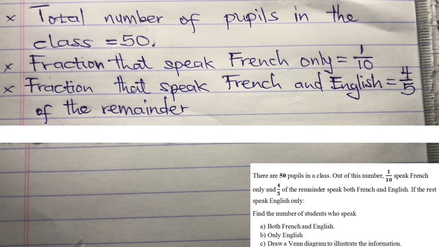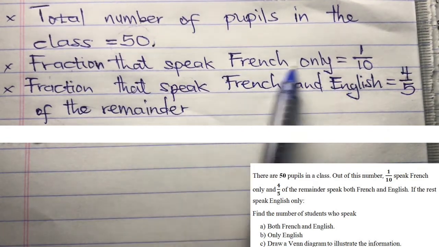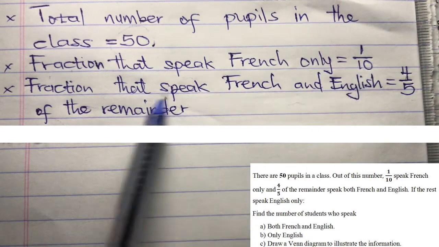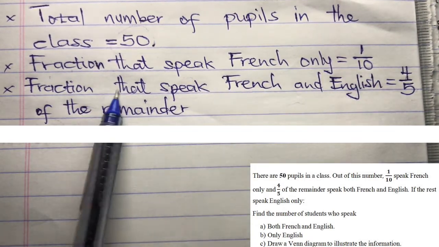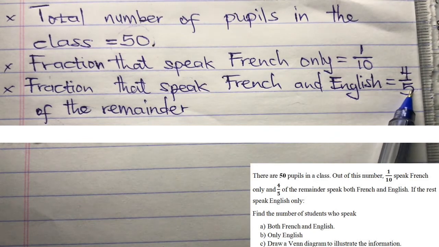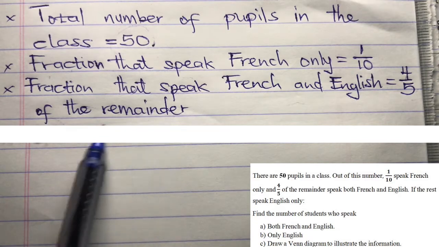Now, before we find the number of pupils who speak both French and English, as in the answer that question A demands, there is the need for us to find the number of pupils who speak French only. Because over here, it says those who speak both French and English is equal to 4 out of 5 of the remainder.